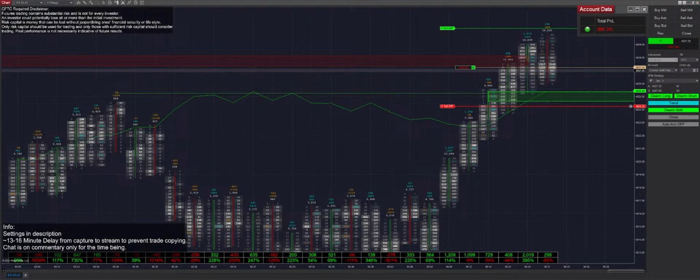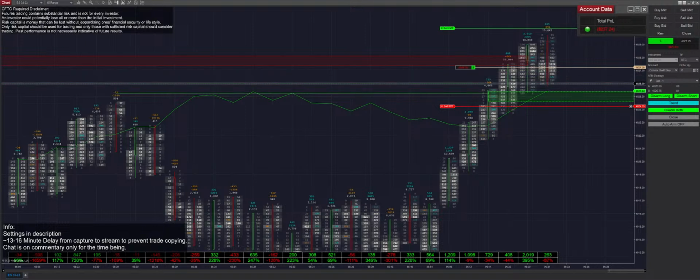As you can see, we have the strategy re-enabled in the same mode, which is trend mode. This means that it's going to be queued up and looking for another trade.